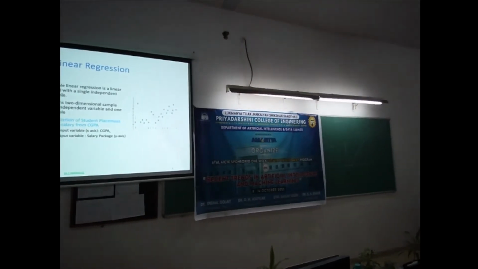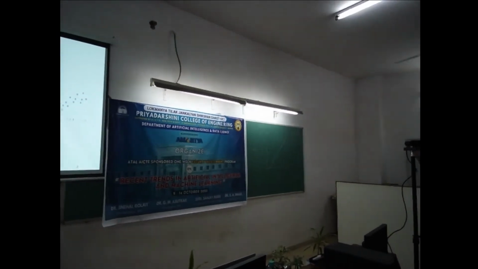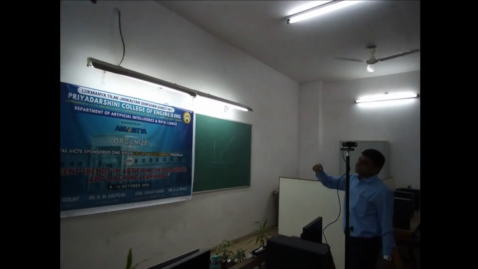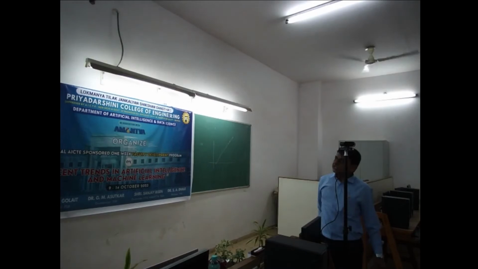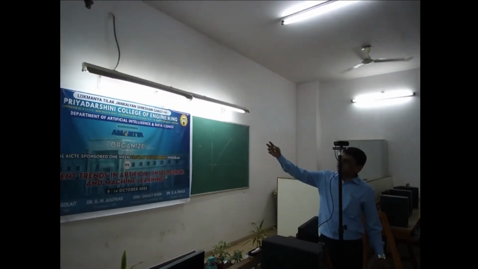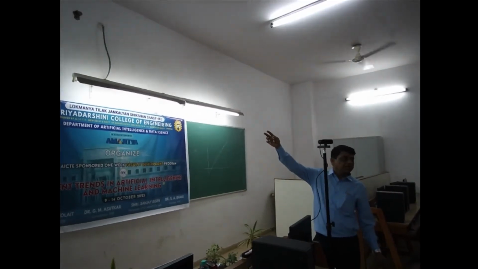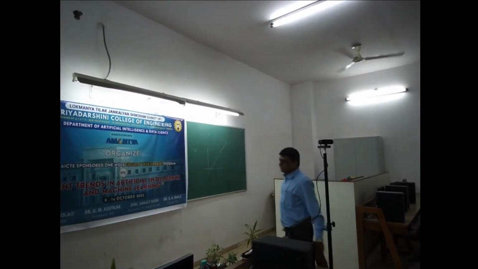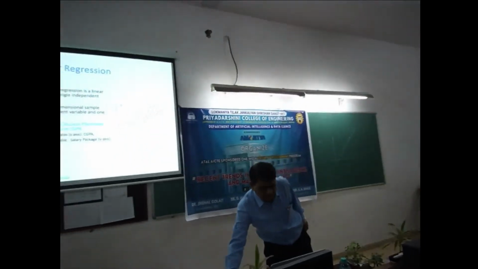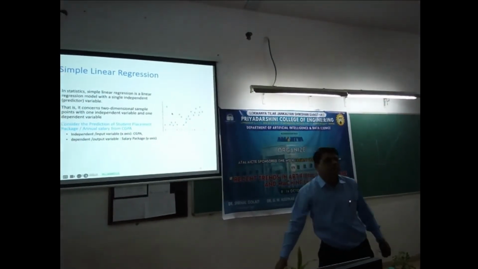Because of that, you will not get an exact linear relationship. You can also see some outliers. Some student with a very low CGPA, like 6, has a very high salary. The topmost point here is called an outlier. There will be some outliers like that.